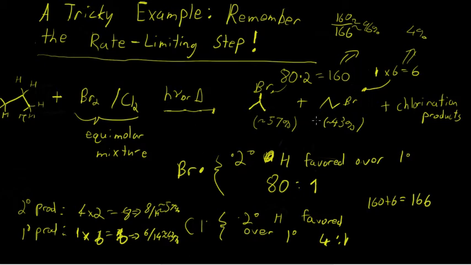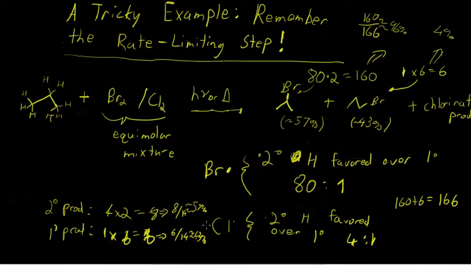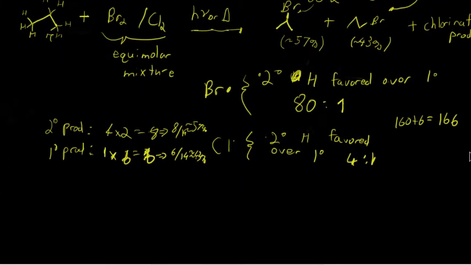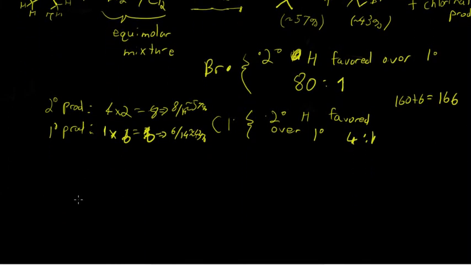So why is this? Why do you have a mixture of bromination products that follows the relative ratios you'd expect for chlorination products? And to answer that, you really have to take a closer look at the mechanism. You have to recall the mechanism. So you have propane here with these two secondary hydrogens, 3 primary hydrogens on this carbon, 3 on this one.